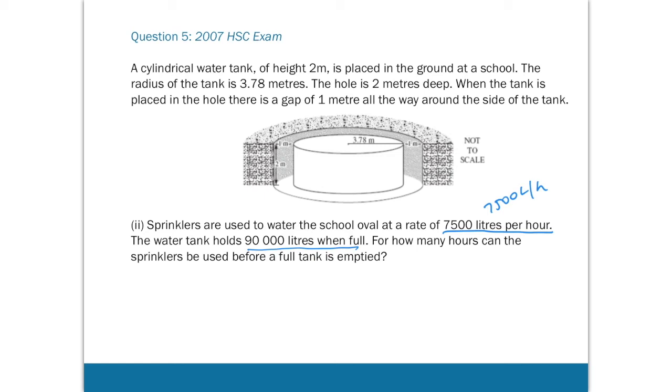So number of hours equals 90,000, that's the full capacity, over 7,500. So it takes 12 hours to reach 90,000 litres.